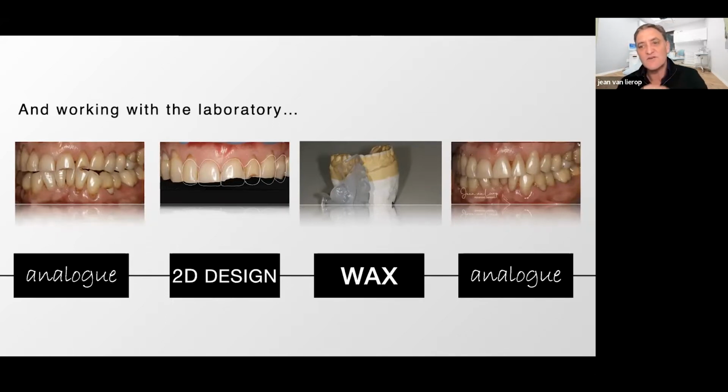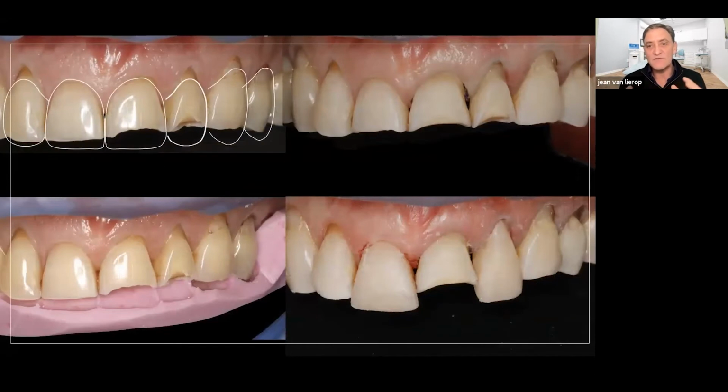In the end, we still had to create an analog restoration. So we still had to take that wax and transfer it some way into an analog realm. One of those ways, obviously, is through direct restoratives, and this is a simple case of multiple restorations that we did treating an elderly person with advanced wear.